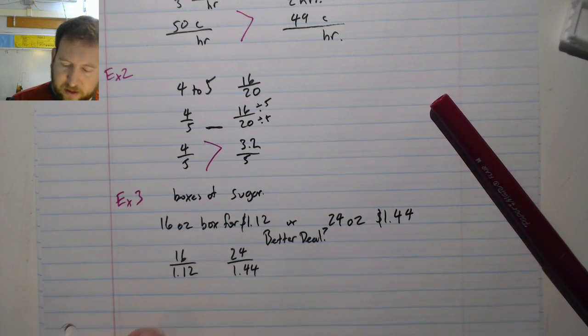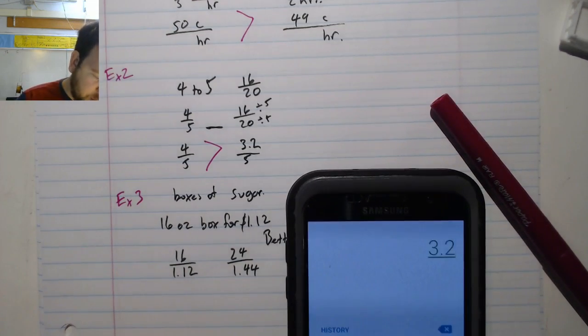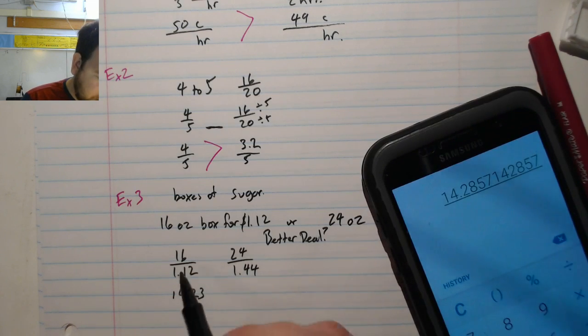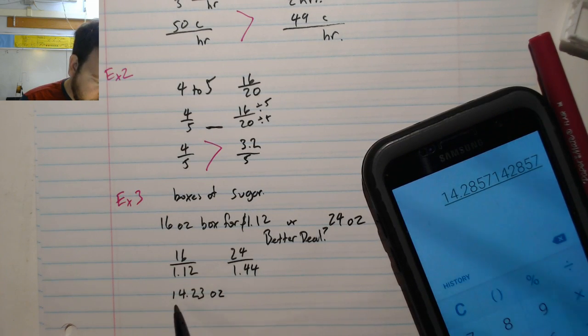And the easiest way for me to do this is just going to be to divide. So let's see, if I do 16 divided by 1.12, I'm going to get about 14.23, and that's going to be in ounces per dollar.